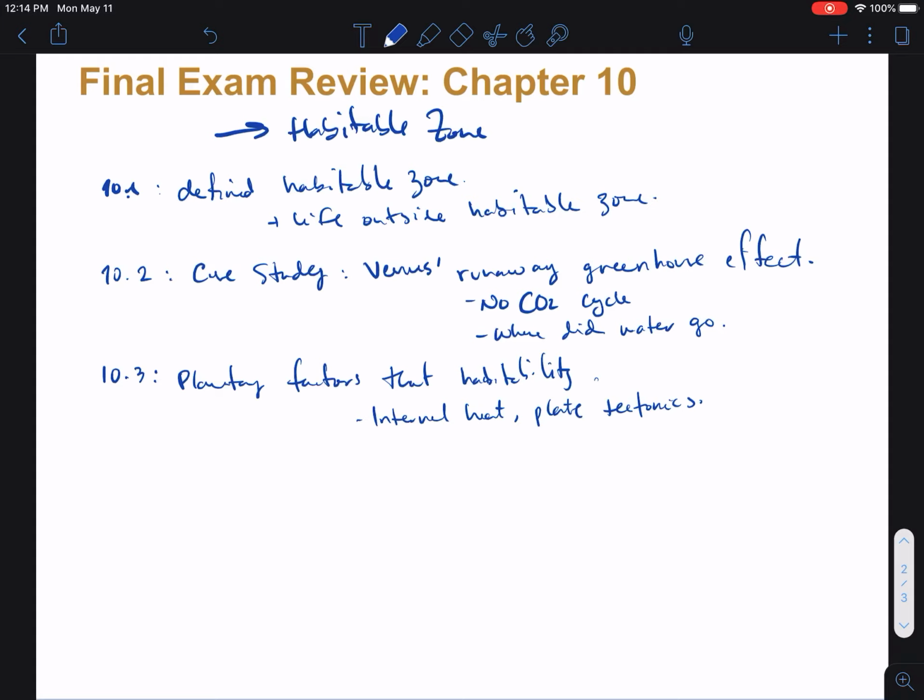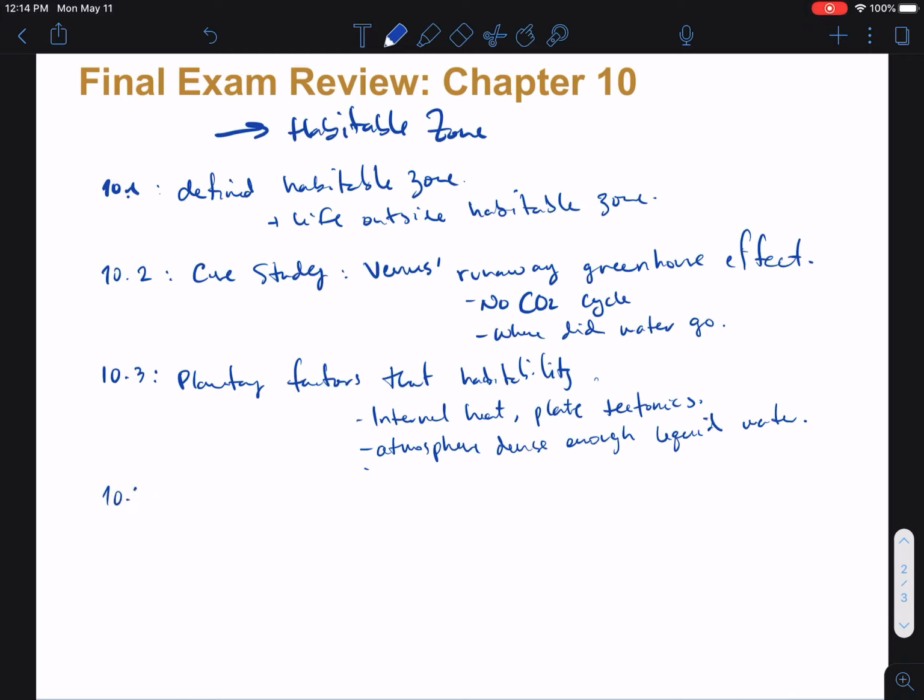And that'll give us a CO2 cycle all the way through. It also needs an atmosphere that is dense enough to have enough pressure for liquid water to exist. So we need liquid water, we need plate tectonics, internal heat, and we can look at Venus and Mars for examples of things that don't have those, or maybe too much of them.